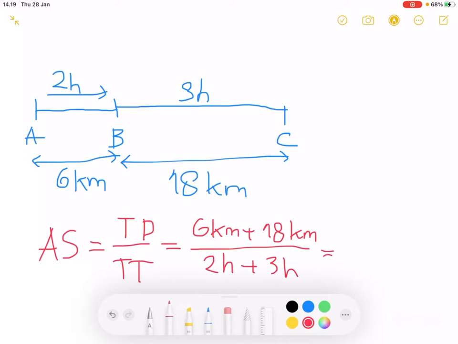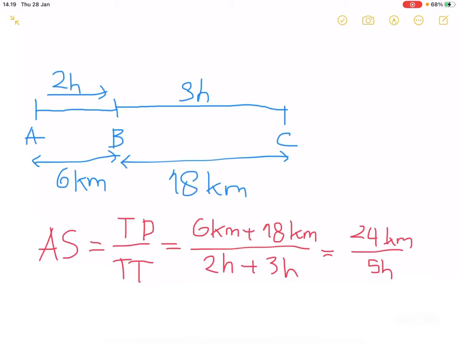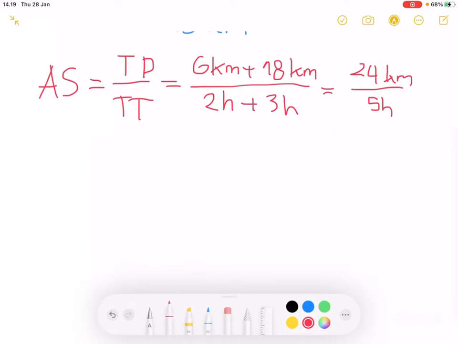This becomes 24 kilometers over 5 hours, and the answer will be 24 over 5 kilometers per hour, or in decimals, 4.8 kilometers per hour. So this is a relatively easy example.